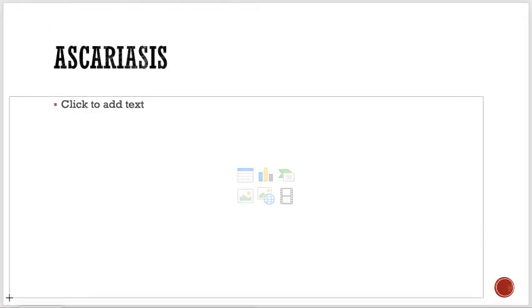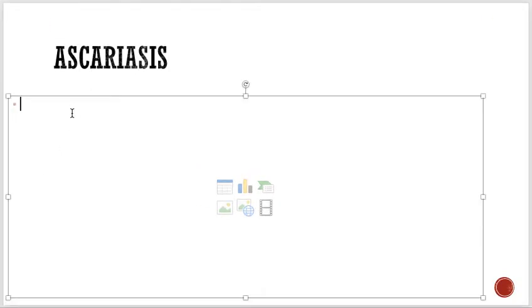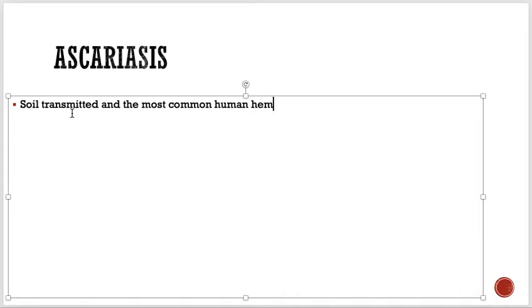The first thing, it's soil transmitted, and the most common human helminthic infection.